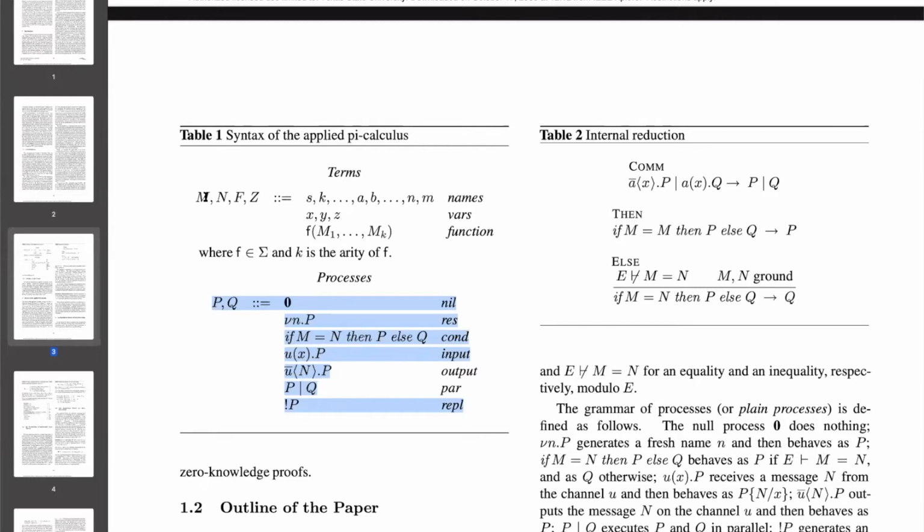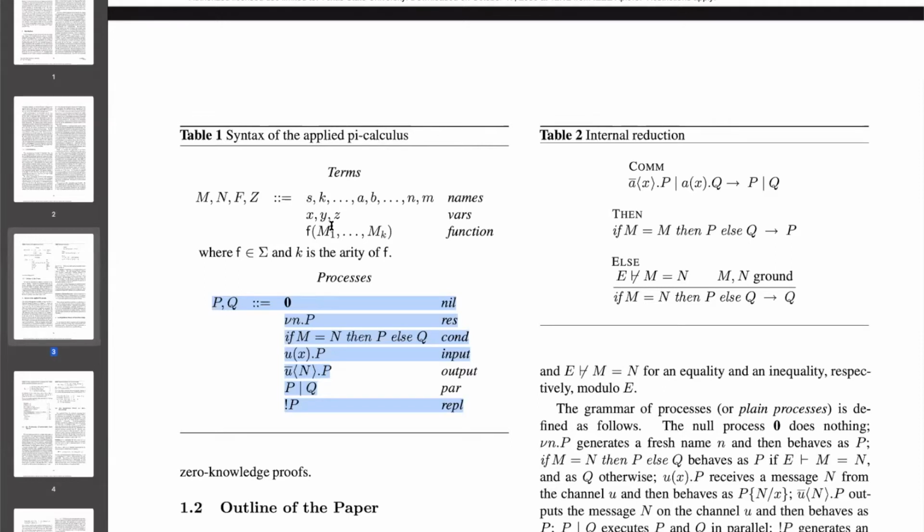So they use these variables here to range over these sorts of things here. So these are called terms.